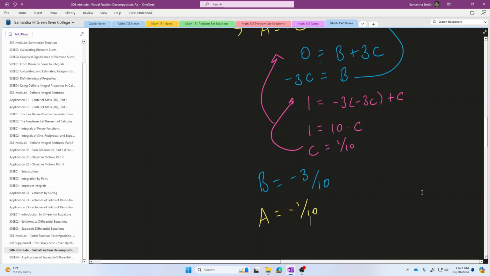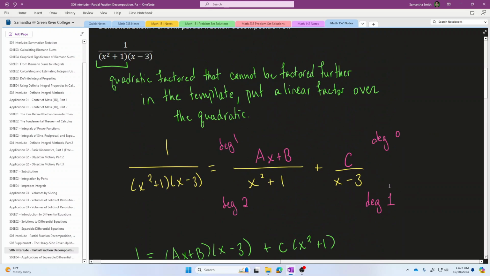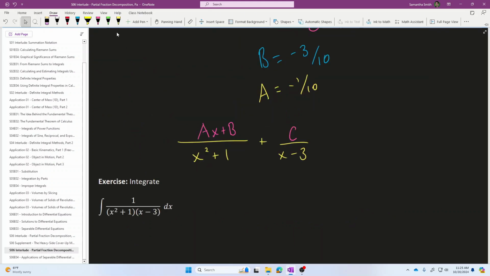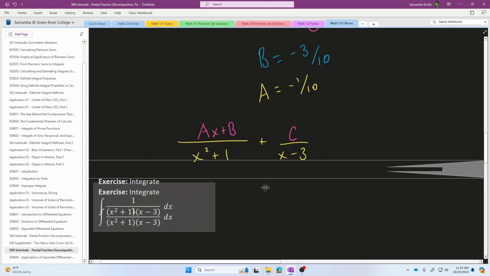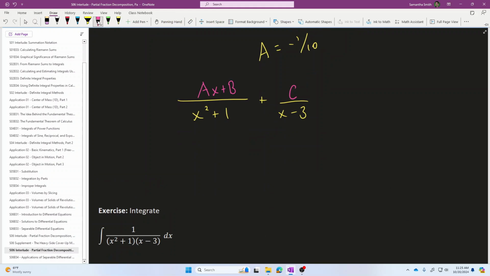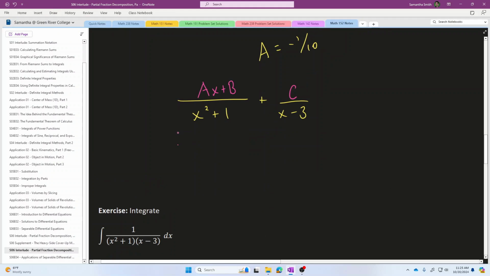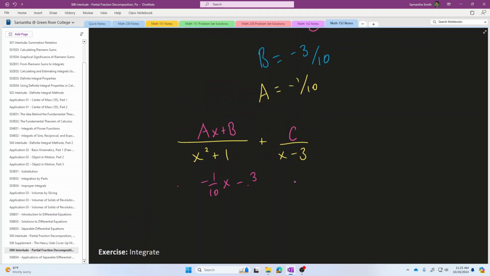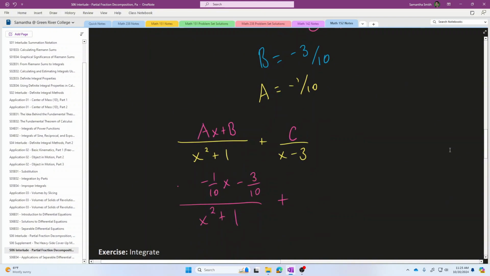Now all I have to do is put these values back into the template that I set up, and from that I find that the decomposed version of my fraction is a equals negative 1/10 x, b is equal to negative 3/10, and c was equal to positive 1/10.